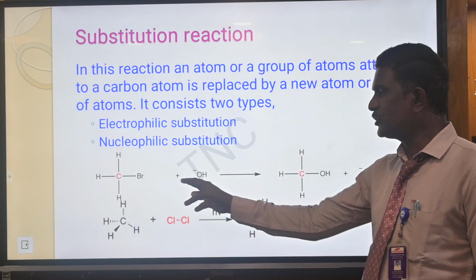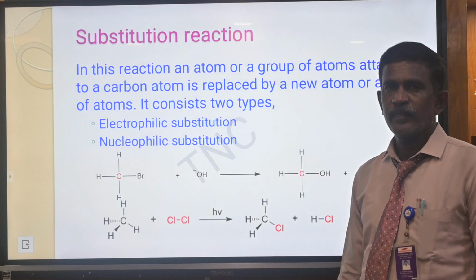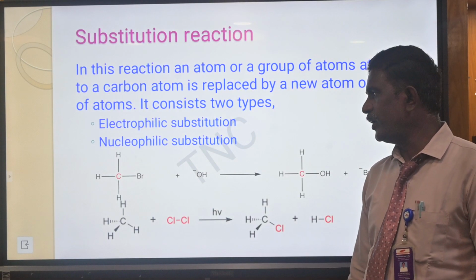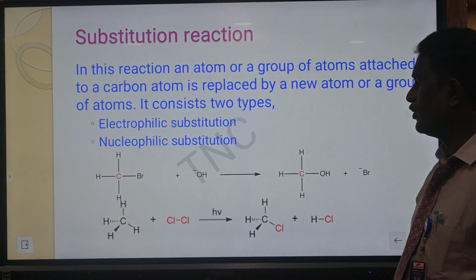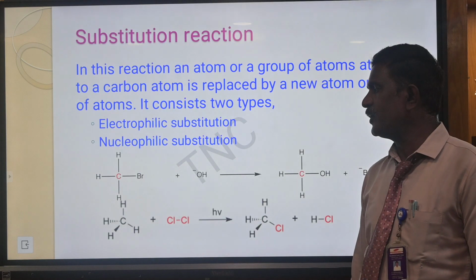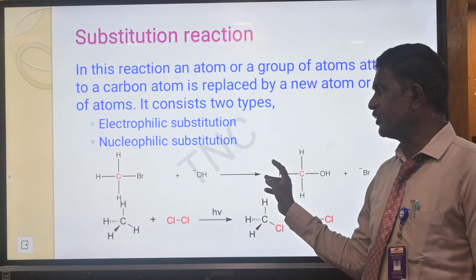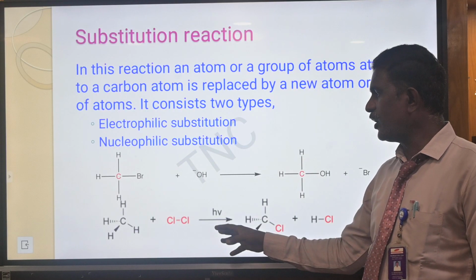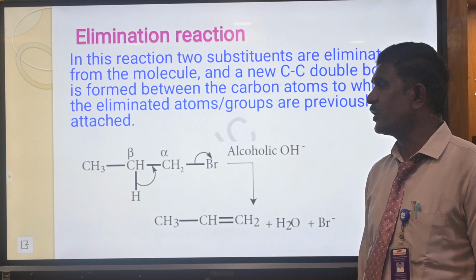The first one you are seeing is nucleophilic substitution, where a nucleophile comes and replaces the old nucleophile, bromine. So the alkyl compound is converted into alcohol. The second reaction is an example of electrophilic substitution, where hydrogen is replaced by chlorine, and this reaction occurs in the presence of sunlight.